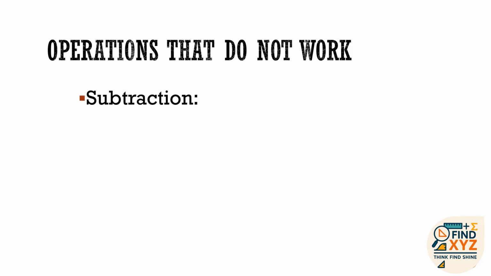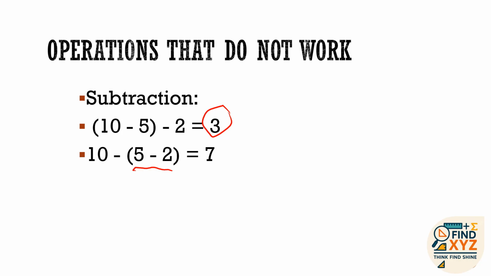The first operator is subtraction. Let's look at an example. Given 3 numbers 10, 5, and 2, 10 minus 5 will give us 5. Then minus 2 results in 3, as shown. Bring the last 2 numbers, 5 minus 2 will result in positive 3, and then 10 minus 3 will give us 7.